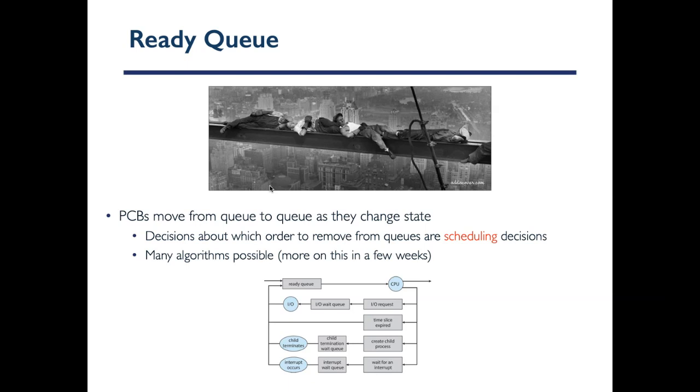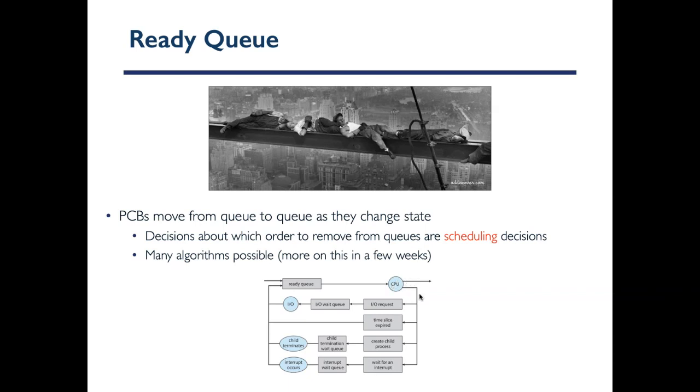Now, when you get executed, and let's say you want I/O, your PCB is going to be moved. The moment that you start running, your PCB will be removed from the ready queue and start running on the CPU. Now you're running. Let's say you need I/O, so you want to read a file.